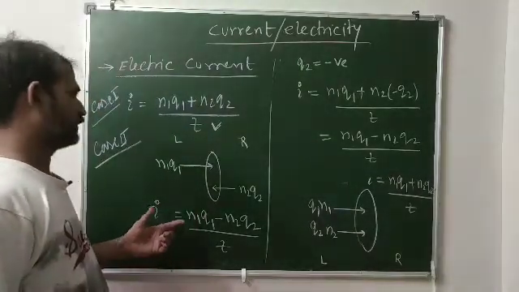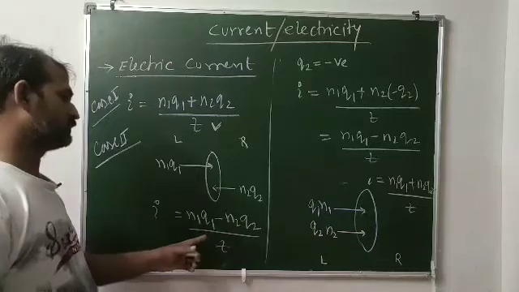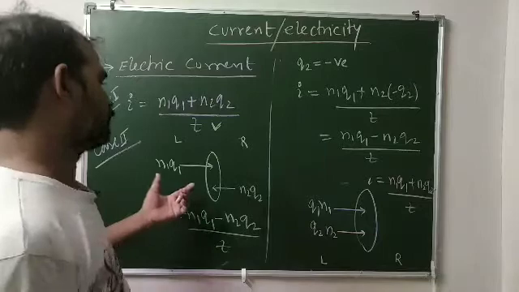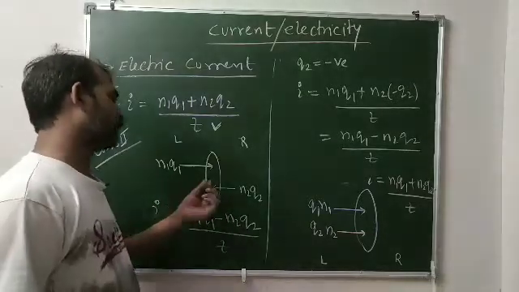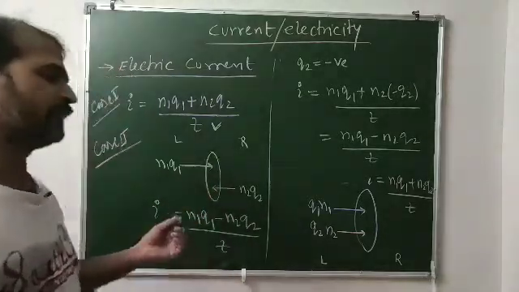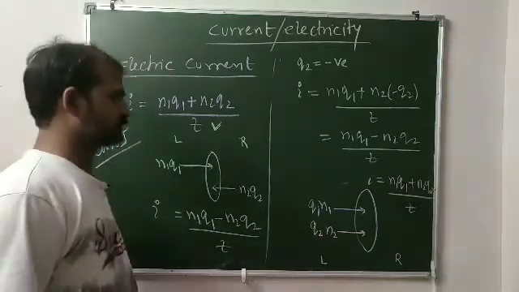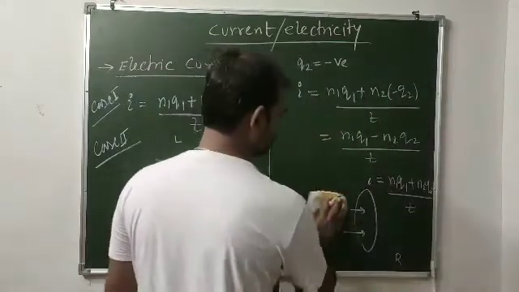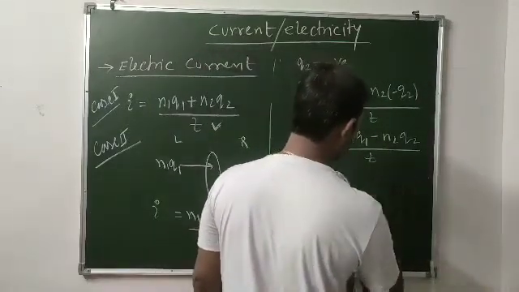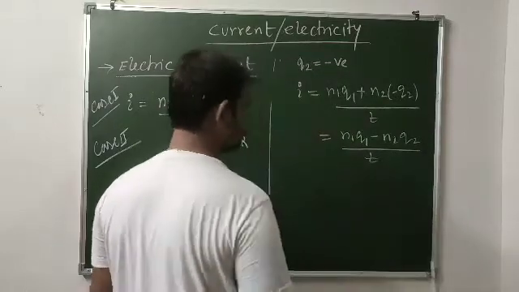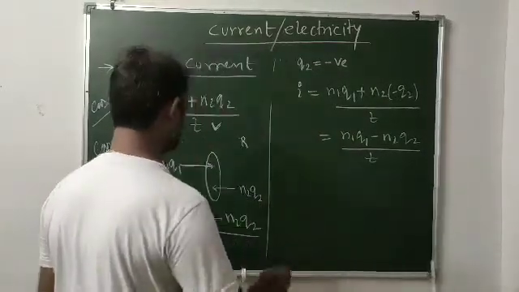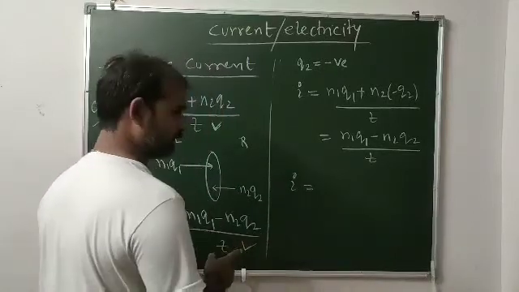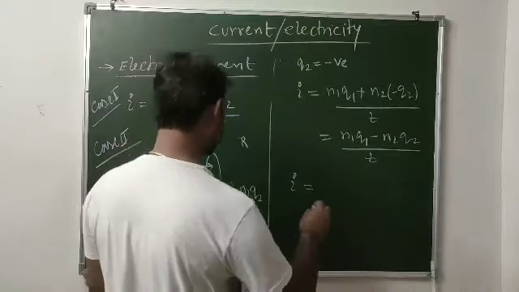Okay. Now put the value of Q2 in this equation. You will get N1 Q1 plus N2 Q2. If opposite charges are going in the opposite direction, then they will add up. See students, here in this formula I am putting the value of Q2, that is minus Q2.